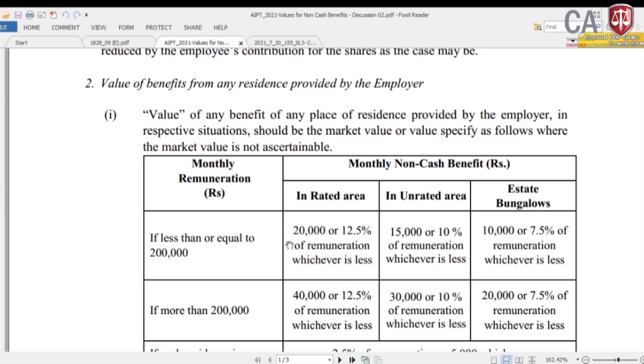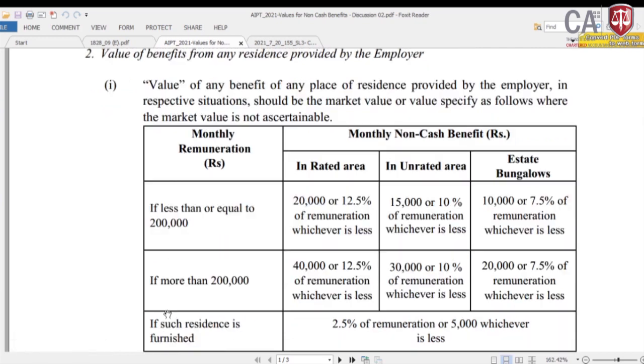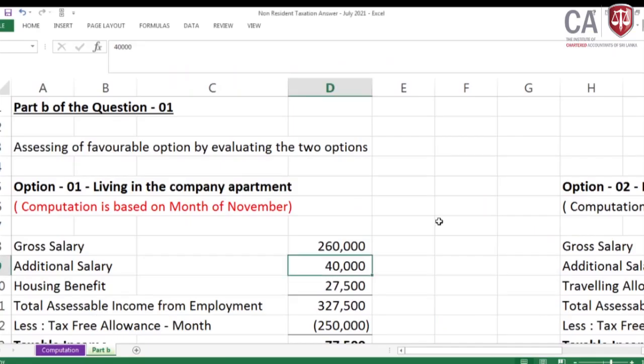Now, Mr. Rohan's monthly remuneration for November 2020: a gross salary of 260,000 and additional salary of 40,000, altogether 300,000.